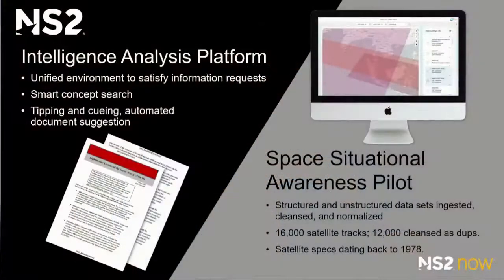Then we have an application we call space situational awareness. This data fabric is used to compute satellite tracks in a high-performance in-memory environment powered by SAP HANA. So this thing tracks 16,000 satellite tracks, and some pretty heavy lifting mathematics have to occur in order to understand collision avoidance for all that stuff up there.